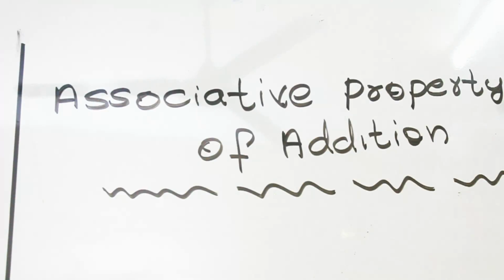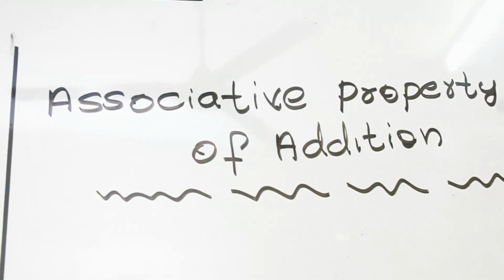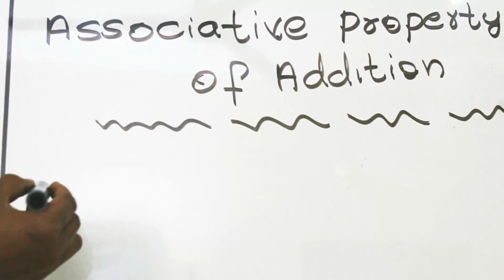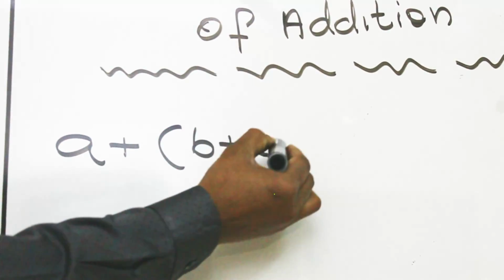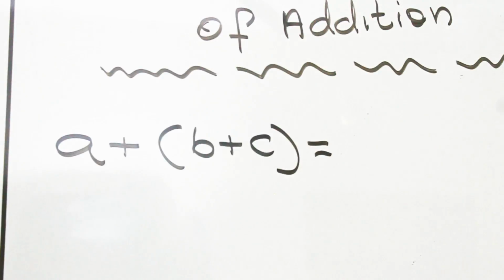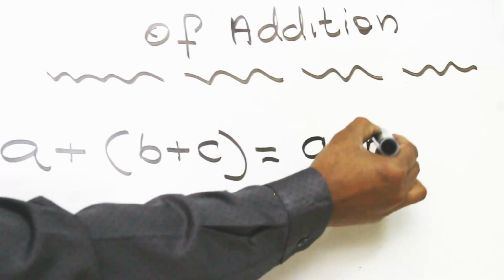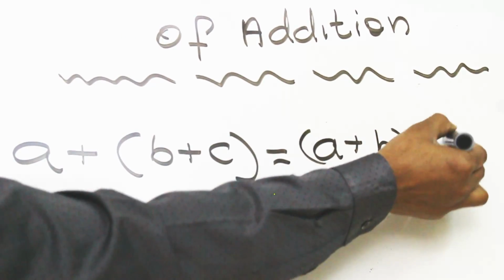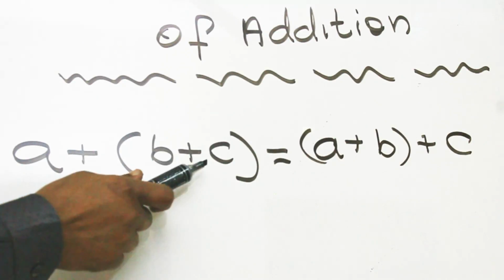Again, another important property is the associative property of addition and the associative property of multiplication. What is the associative property of addition? I will write the theorem here. A plus B plus C equals A plus B plus C, with different brackets. What does it mean?